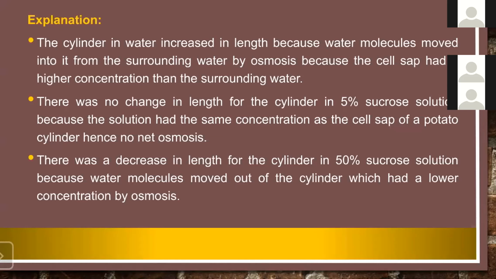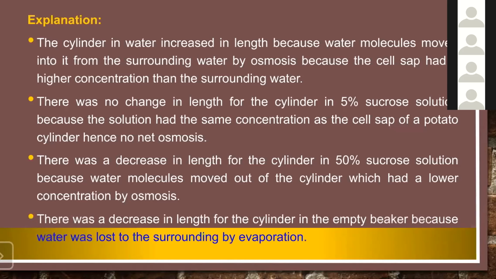There was no change in length for the cylinder in 5% solution because the solution had the same concentration as the cell sap of a potato cylinder, hence no net osmosis. There was a decrease in length for the cylinder in 50% sucrose solution because water molecules moved out of the cylinder, which had a lower concentration, by osmosis. Thank you so much. So that is an explanation of our observations.